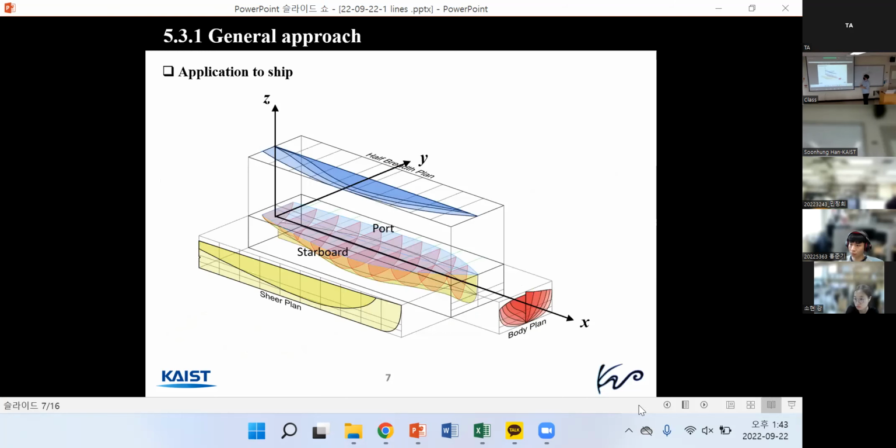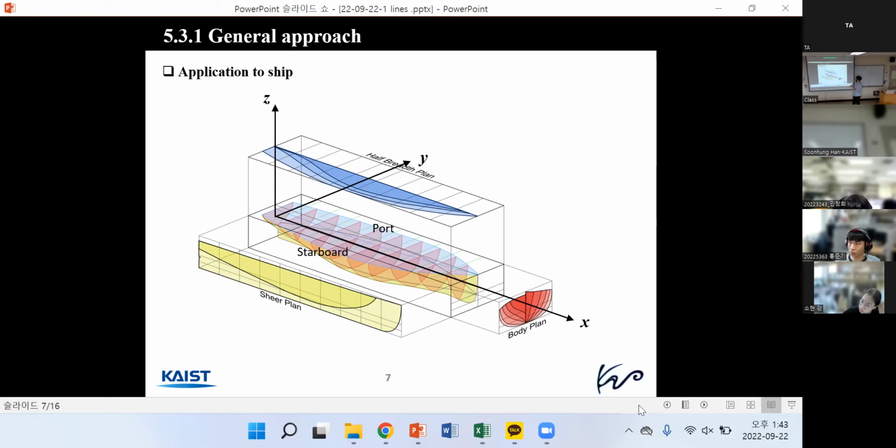Earlier, I explained a mountain just as an example. However, our ultimate objective is to construct line drawings based on the 3D shape of the ship. In Cartesian coordinates, we can consider the x, y, and z axes, and based on the three axes, we can consider three planes: the xy plane, the yz plane, and the zx plane.